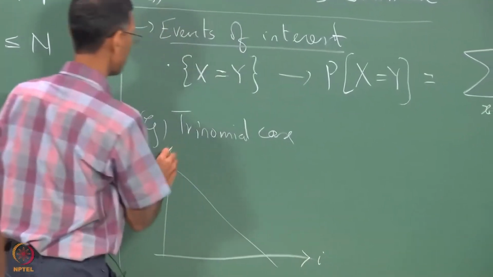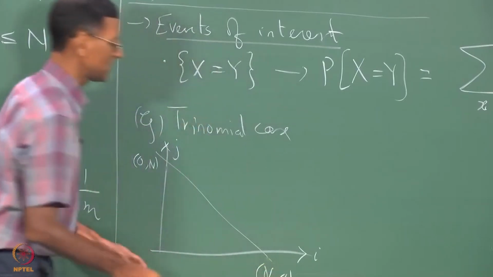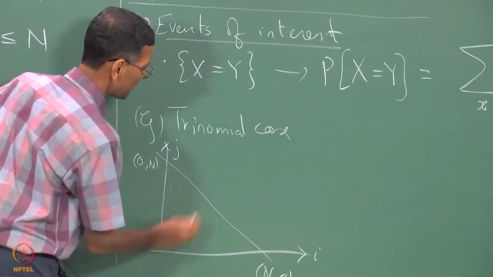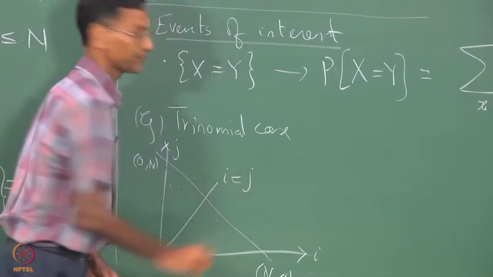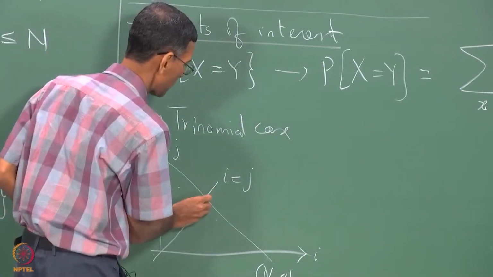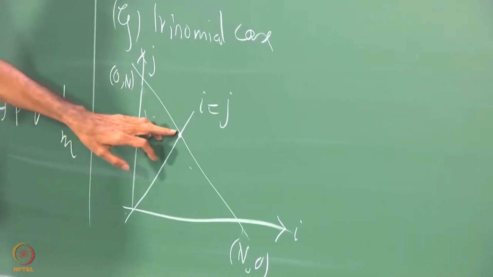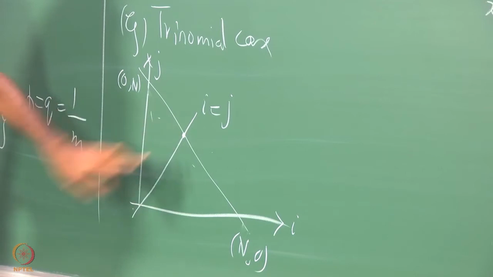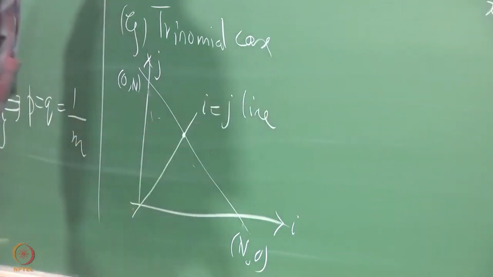Here I am plotting the points (i, j), and here the point (n, 0). So, this is the line i equals j, and we will assume without much loss of generality that n is even, so that it makes my job a little easier. So, this point I am going to assume belongs to the grid. What is this point? (n/2, n/2).